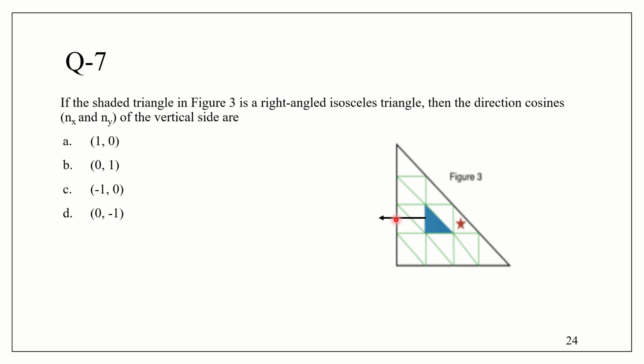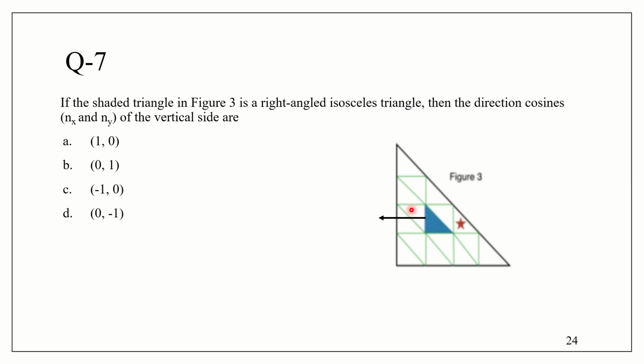So nx is the cosine of the angle that vector makes with that side. So this is the vertical side. So here we can see that it is making 90 degrees with the y axis. So ny is cos 90 degrees.